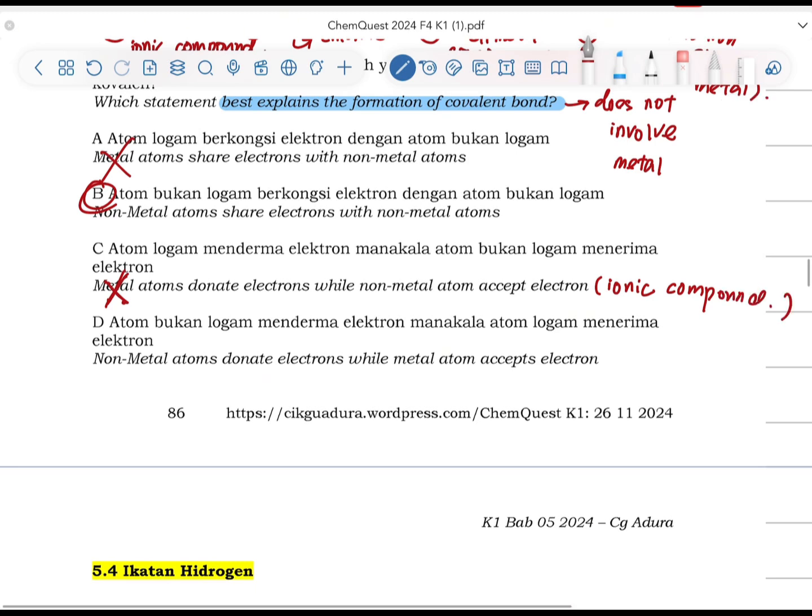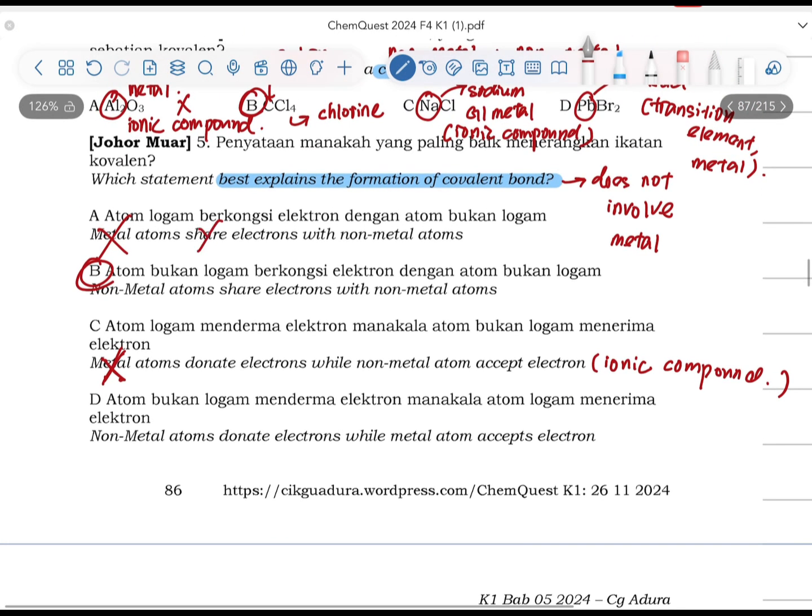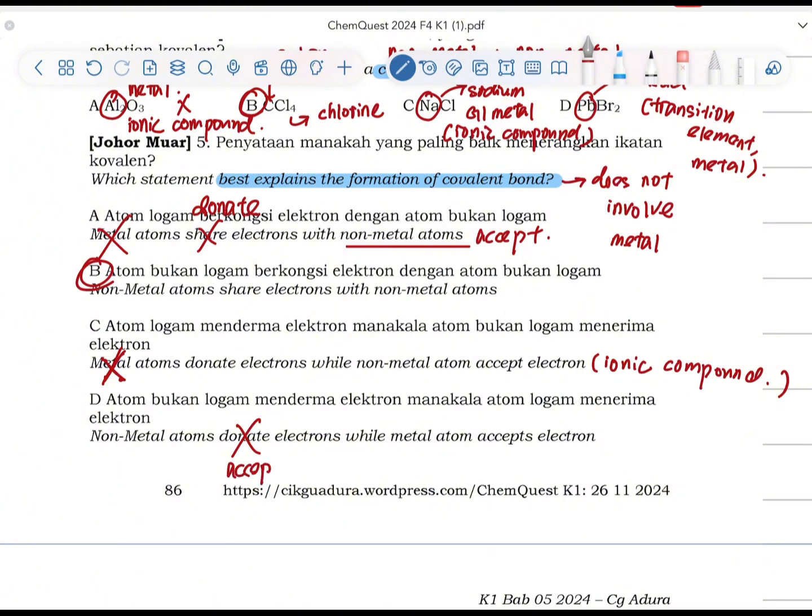And A is wrong for an ionic compound because the electrons are not shared, they are donated, and the non-metal atom will accept. So D, the non-metal atoms donate electrons. Non-metal atoms do not donate electrons, they will just accept electrons or share based on the type of compound that they form. And the metal atom will donate. So it is just reversed.